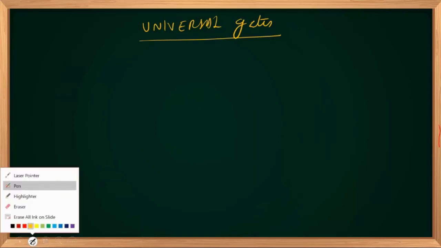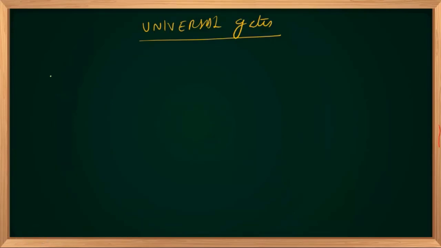So let me complete the topic universal gates. Okay. Universal logic gates. We have two logic gates, namely NAND and NOR.